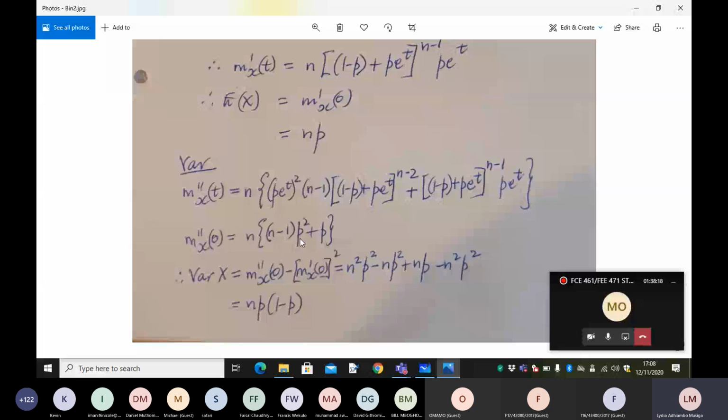And then var x is just m prime prime x of 0 minus m prime x of 0, the whole squared. And so when we substitute, then we find that for the binomial distribution, the variance is given by np into 1 minus p.